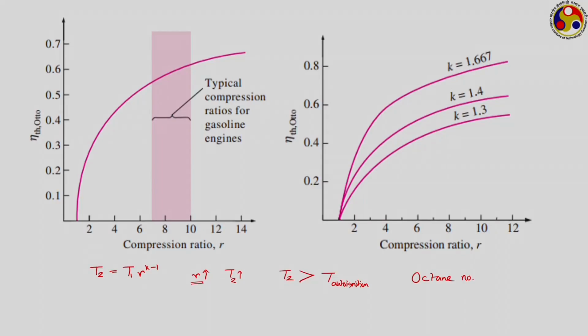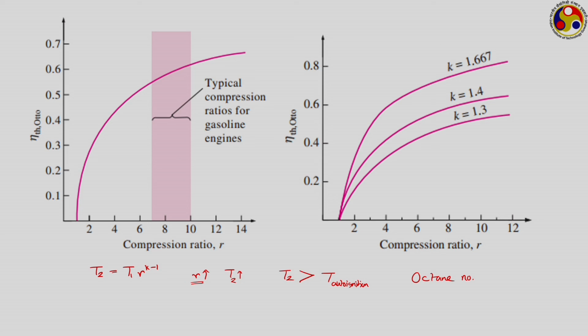Several attempts have been made to improve this octane number and thereby to increase the auto ignition temperature. Since the 1920s, people started adding lead to gasoline fuels, which is a quite inexpensive option for increasing the octane number.